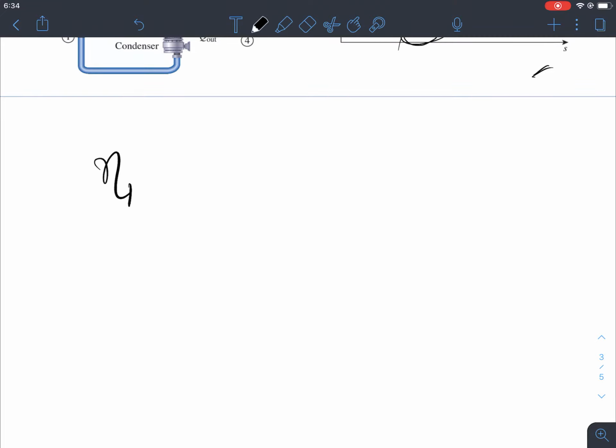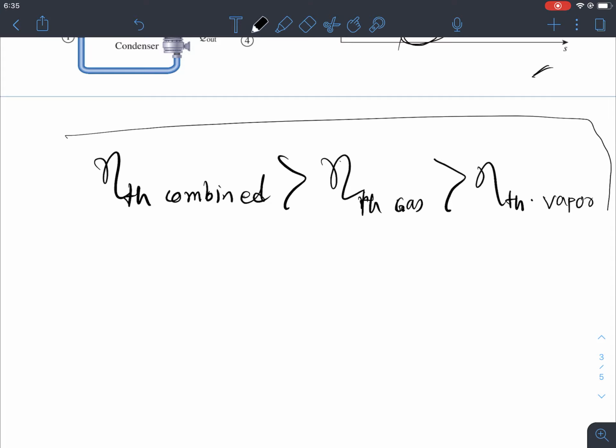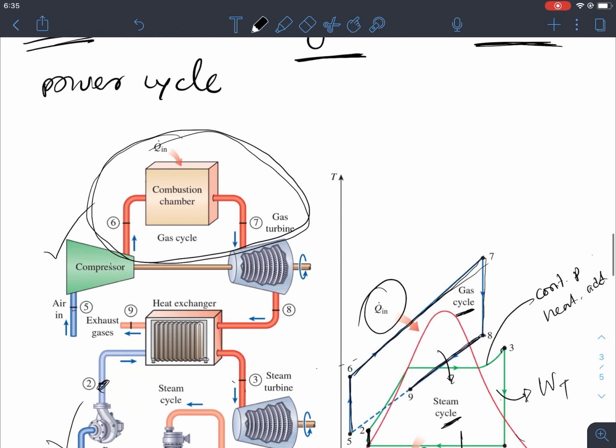So the thermal efficiency of the combined cycle is greater than the gas power cycle, which is also greater than the thermal efficiency of the steam or vapor power cycle. Okay, so we'll take a look at this statement by solving a math problem.